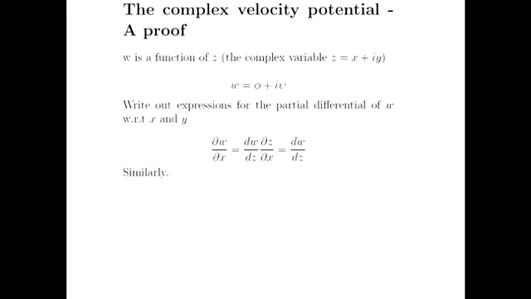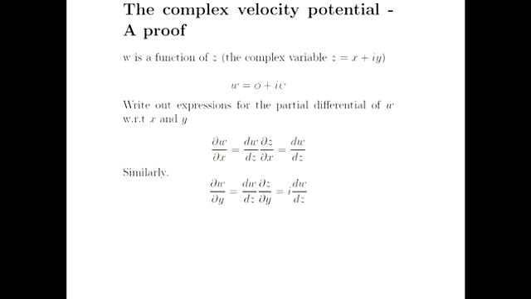And I can do the same by writing an expression for the partial differential of W with respect to y, and we just get del W del y is equal to dW dz multiplied by del z del y. And again, I can write out the partial differential of z with respect to y. Z is equal to x plus iy, so the differential of that with respect to y is just going to be equal to i.